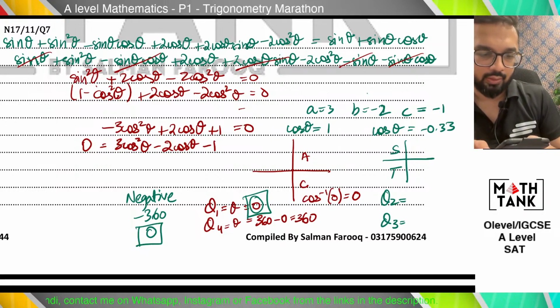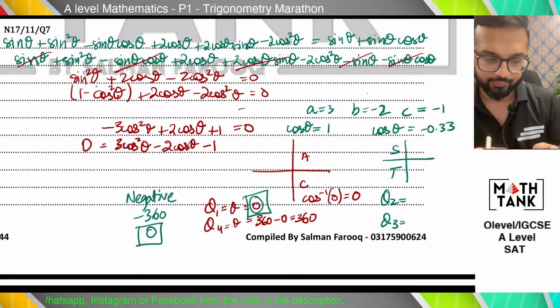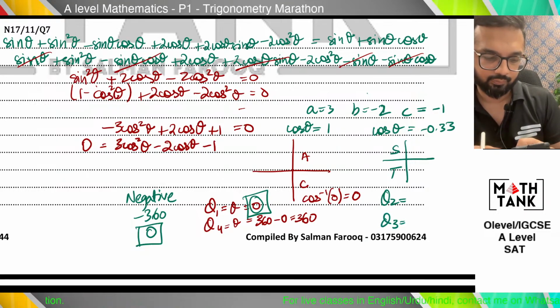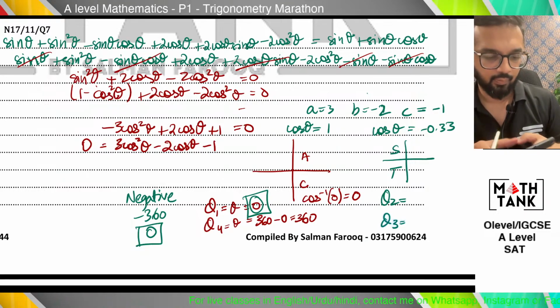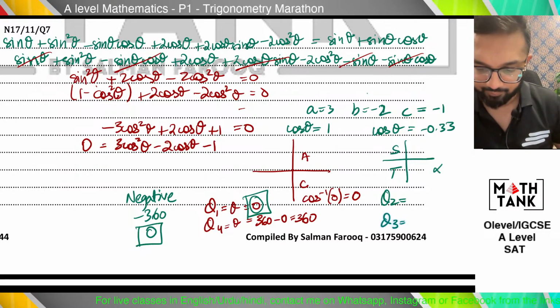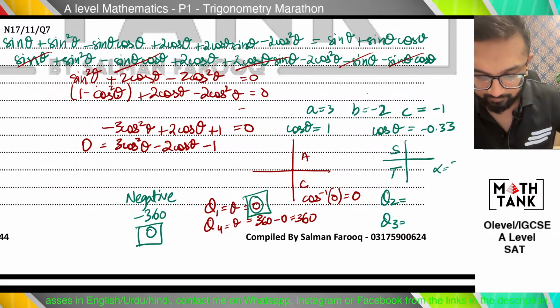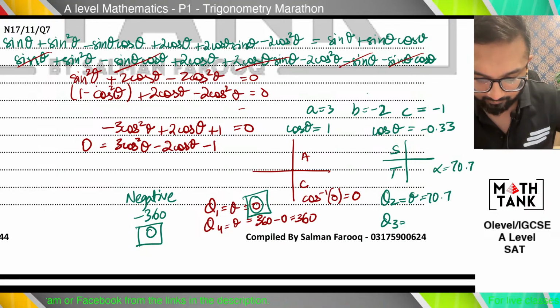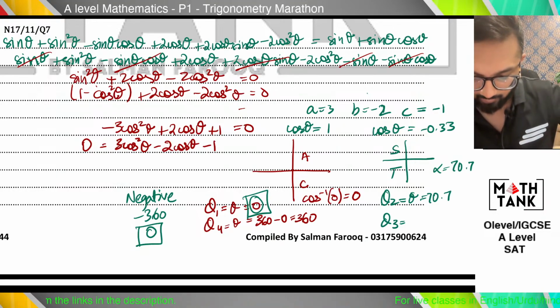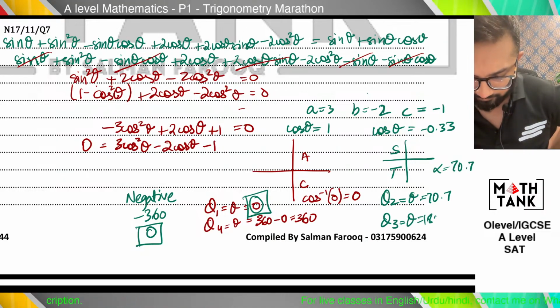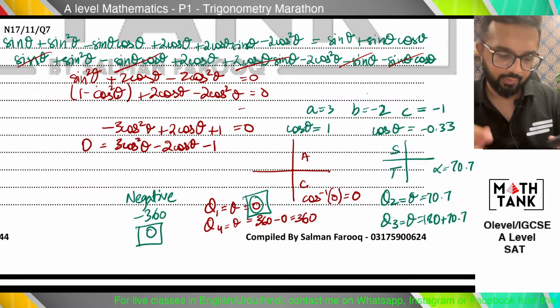So shift cos inverse of... 70.7. Okay, so I have two answers.